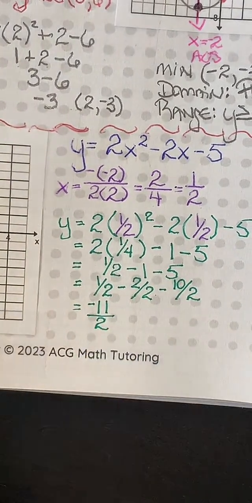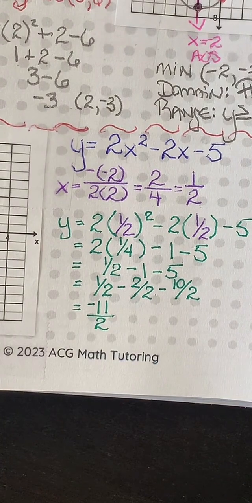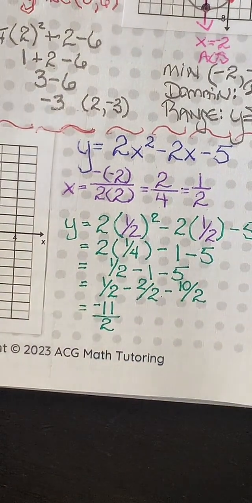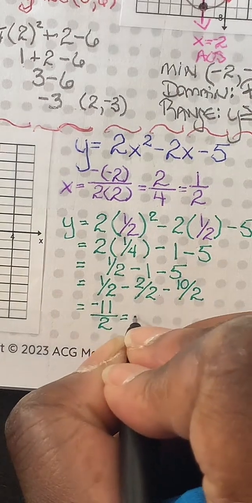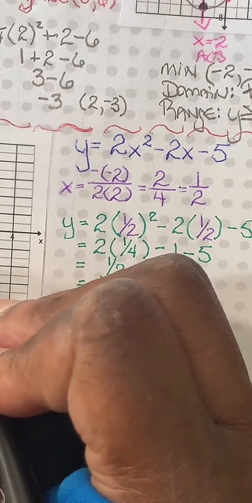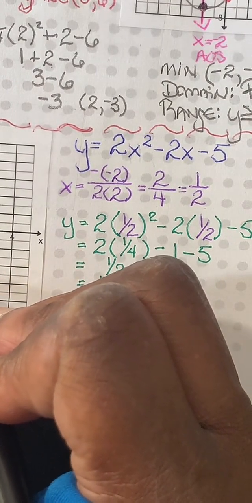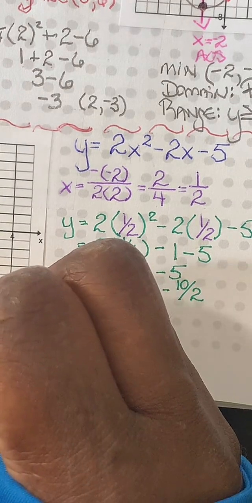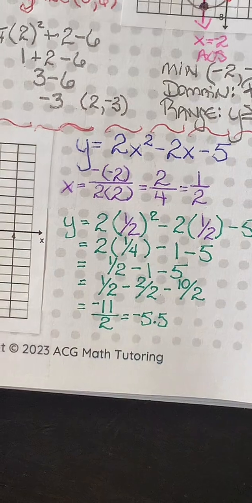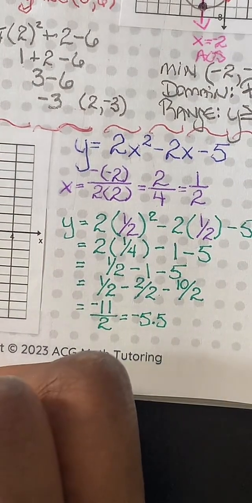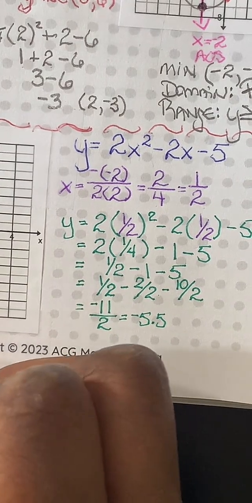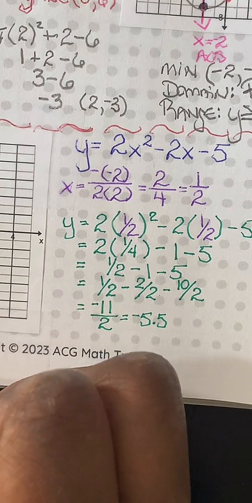We found the y, which is -11/2. So 11/2, that's 5.5. So it's roughly -5.5. So here's -5. So 0.5 will be somewhere in the middle here. Okay. So that's going to be my vertex. So 1/2, -11/2.